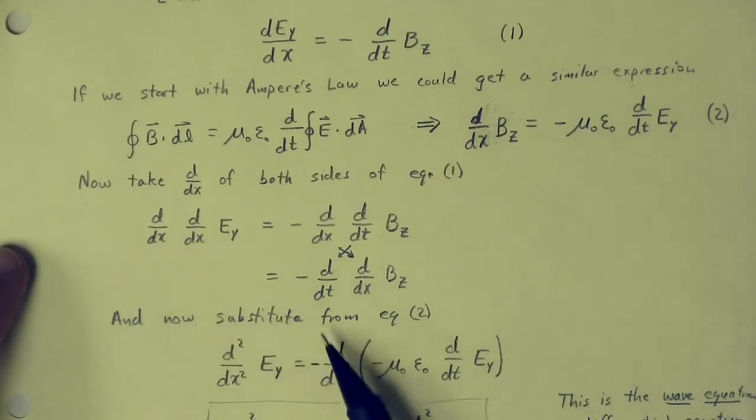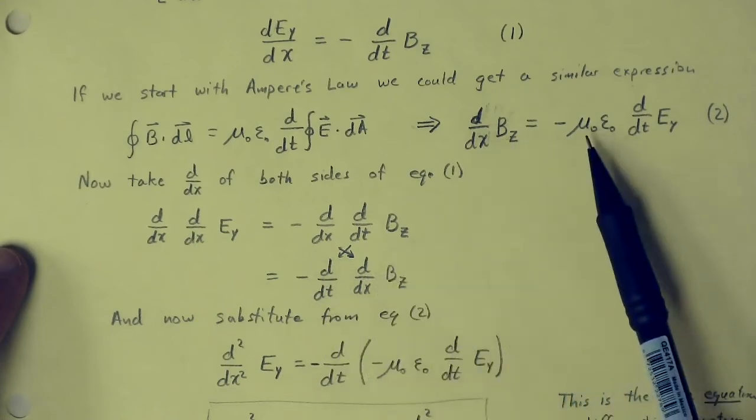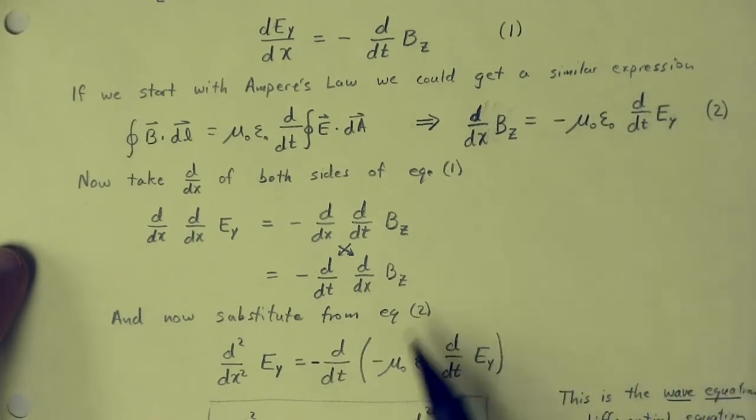And on the right, I'm taking the negative time derivative of this thing, which is, according to the second equation, all of that stuff. Well, all of that stuff is mostly a bunch of constants, and those can be moved outside of the derivative. And then what do you have? You've got a derivative of a derivative, both with respect to time.